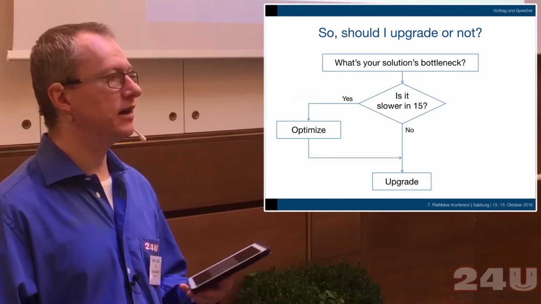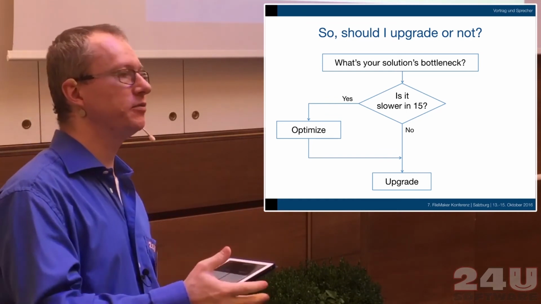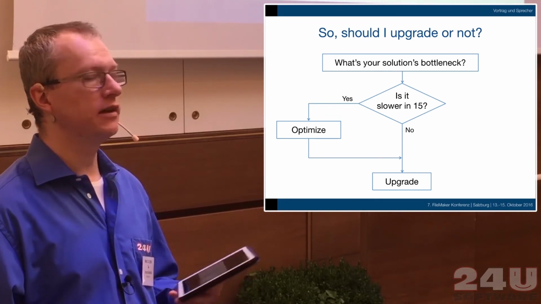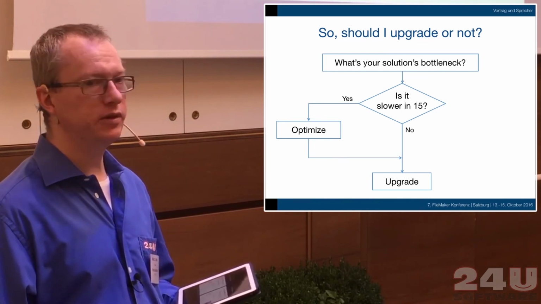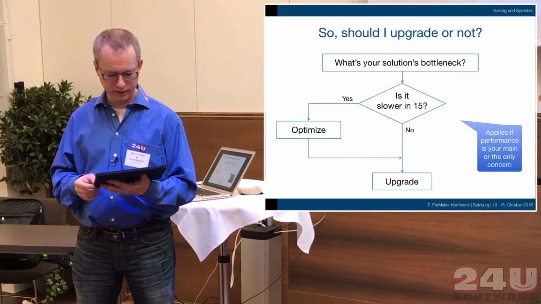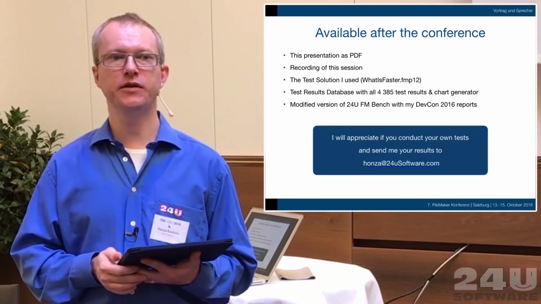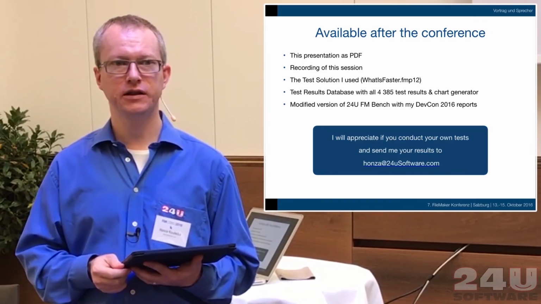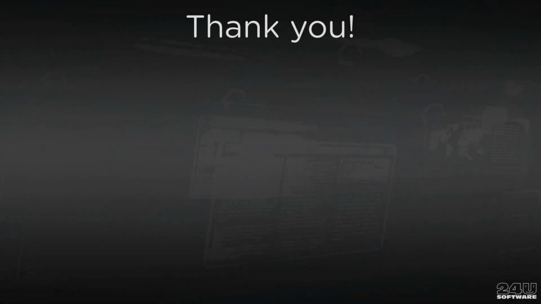So again, FileMaker makes something faster at the cost of making something else slower, and in your case, the results may be different from my tests. And of course, I will greatly appreciate it if you do run your own tests and if you send me the test results. That's all for now.